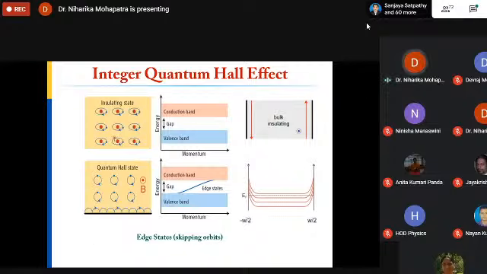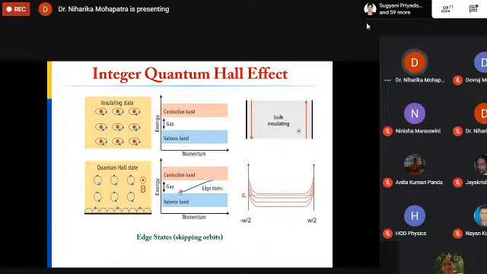On the other edge you will have the other direction. Because they cannot change their direction, they cannot complete the orbit, so they have to skip. With this you can see that the edge current develops. So in the bulk you have an insulating state, whereas you have this edge current.